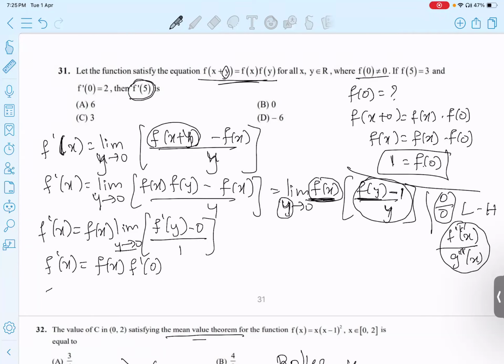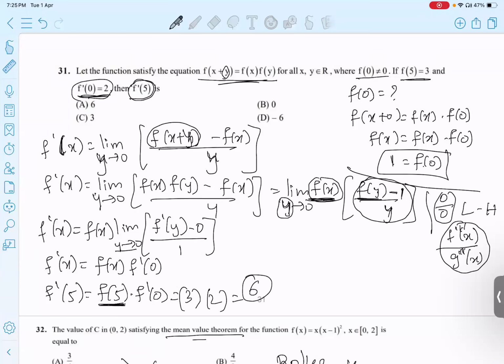So f dash of pi can be written as f of pi into f dash of 0. So what is the value of f of pi? It is 3. What is the value of f dash of 0? Not the f of 0, f dash of 0, it is 2. So 3 2s are 6. 6 is the right answer. Fine, students. Okay, moving on to the next question.